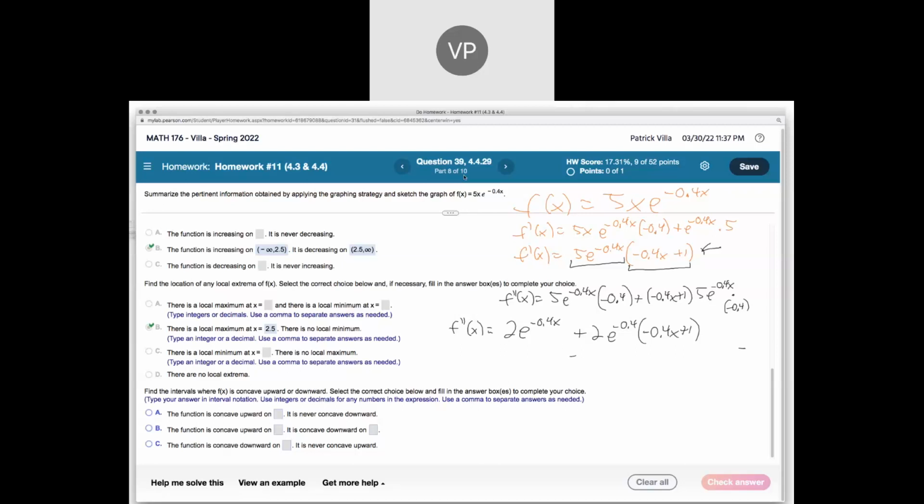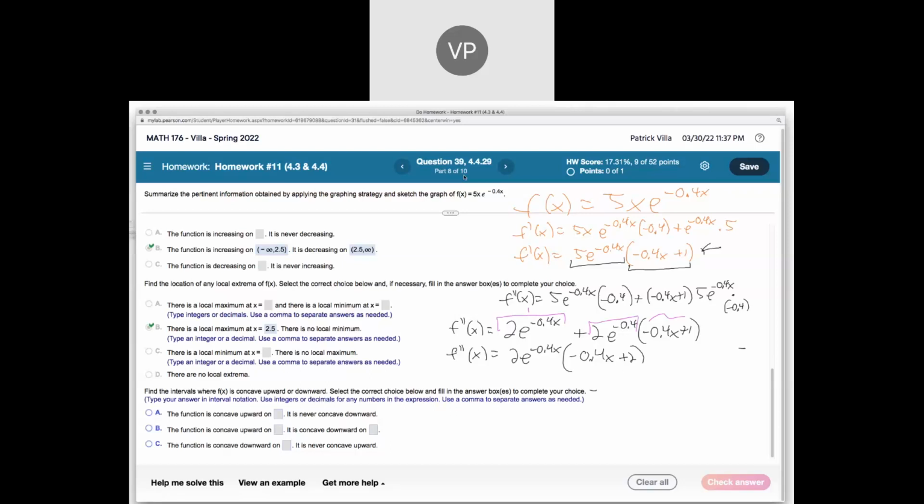And I can factor out, and the factoring is really just to make your life easier for the next step. And make sure everybody sees where I got that 2 from. When I factor out 2e, it's the whole thing, so I'm left with a 1. When I factor it out of here, I'm left with this bit, so I combine those two, and that's how I get the plus 2.